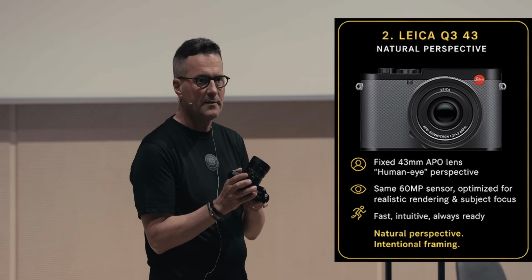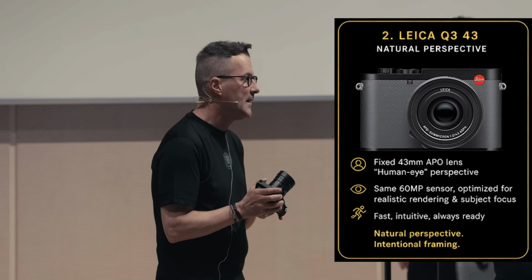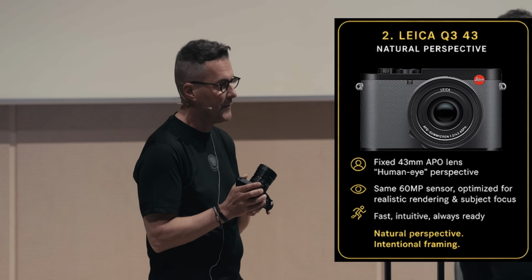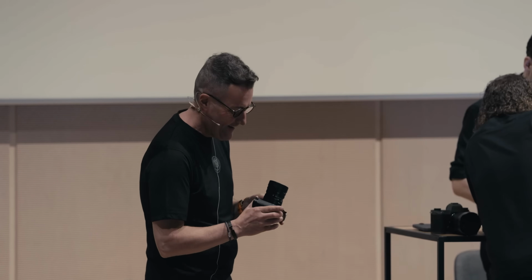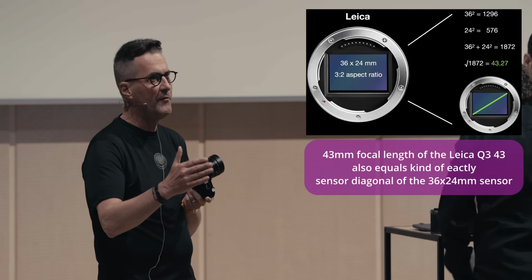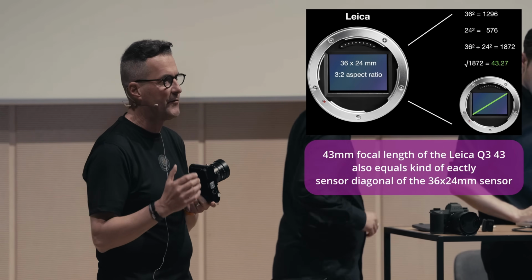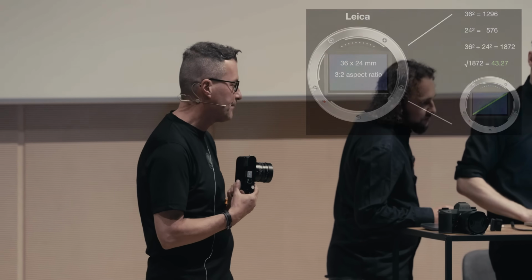That's why I think this is the most perfect camera currently available on planet Earth. And 43, that's a strong statement, right? And 43mm is, a lot of you will think normal focal length vision of the human eye is 50mm, but it's actually closer to 43.